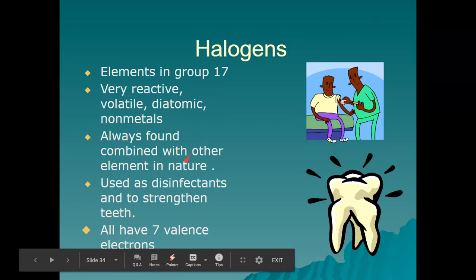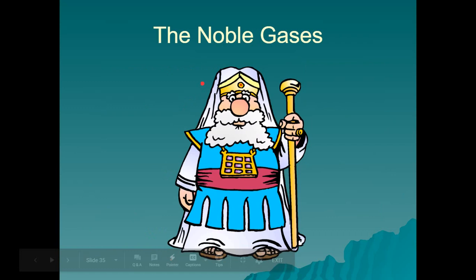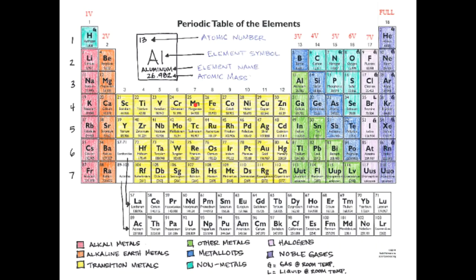They all have 7 valence electrons. These are our halogens right here, group 17, 7 valence electrons. They're all diatomic, meaning they all come in twos in nature.